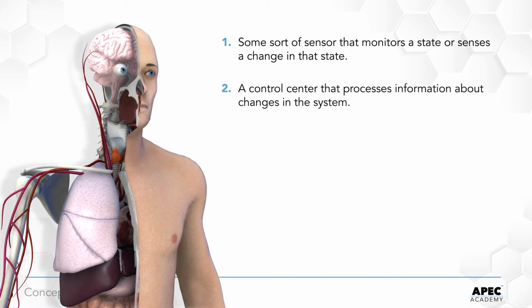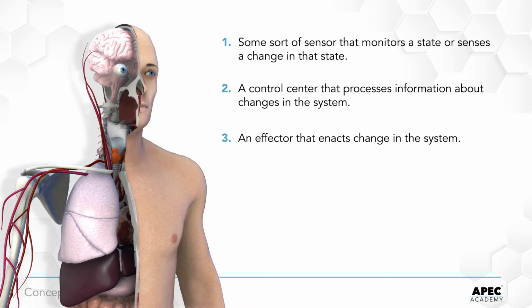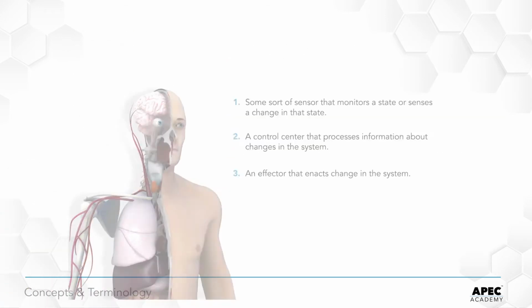Secondly, there must also be a control center that processes information about changes in the system. And finally, there must be an effector that enacts change in the system. We can simplify this by saying that a homeostatic system must be able to first sense the changes in something, then determine what to do about the change, and finally do something about the change.